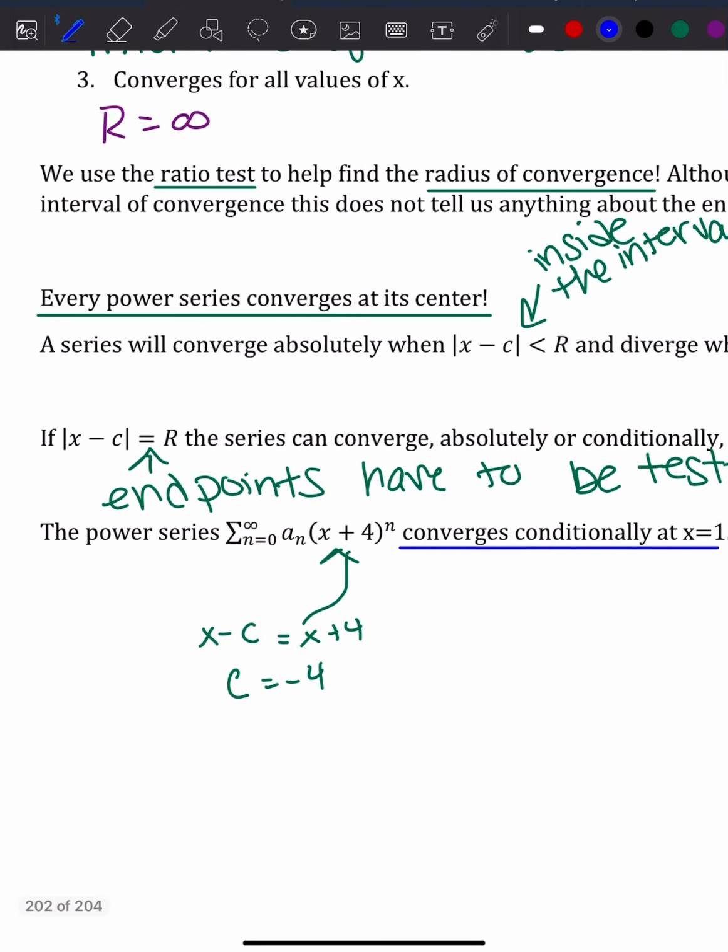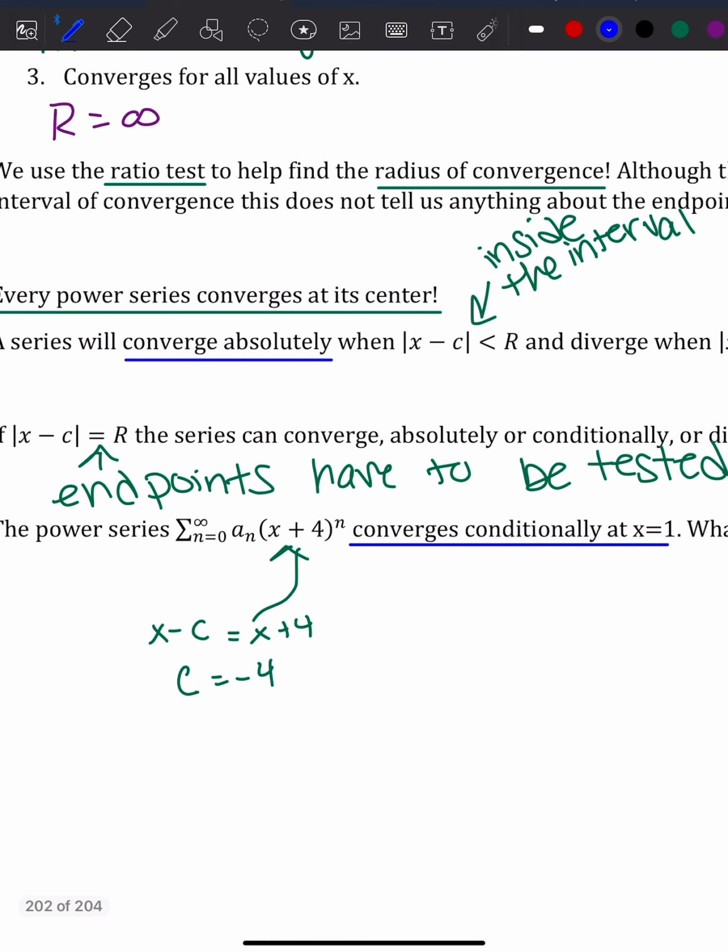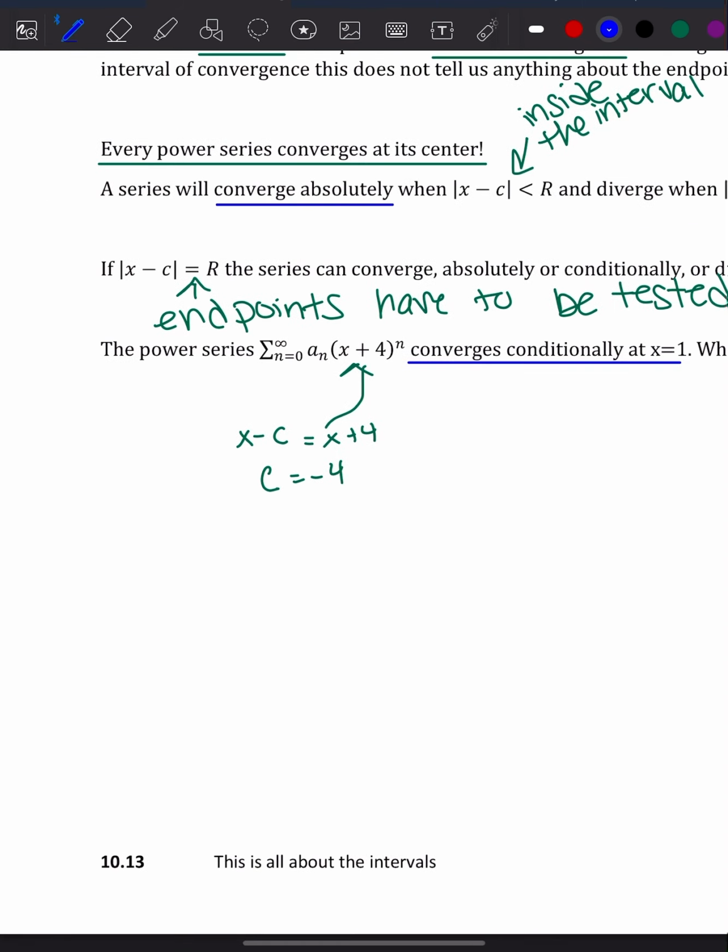We converge absolutely when we are inside of our interval. So because this converges conditionally, I know this has to be one of my endpoints. So what I can say is, if we were to look at this as a number line, right here would be negative 4, that's our center.